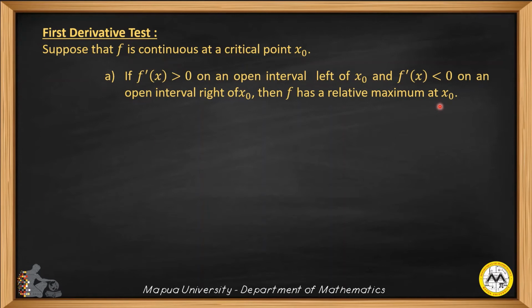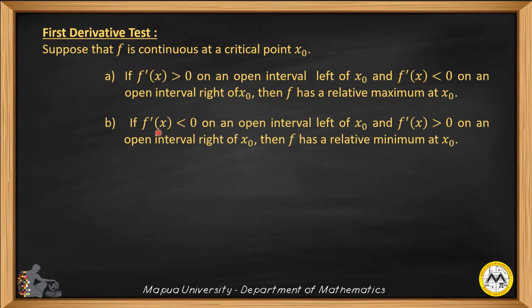Okay? But if f prime of x is negative to the left of x sub 0 and positive to the right of x sub 0, then f has a relative minimum at x sub 0.